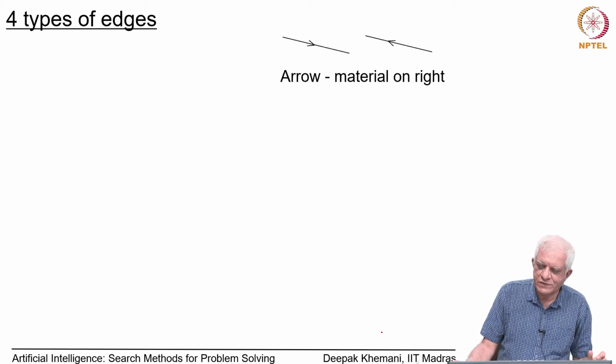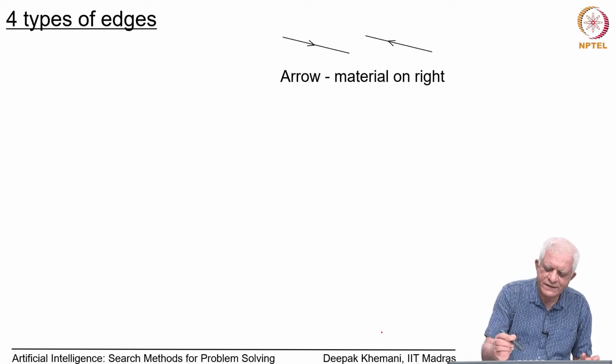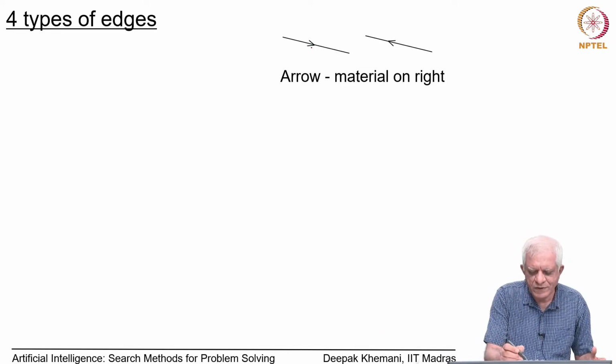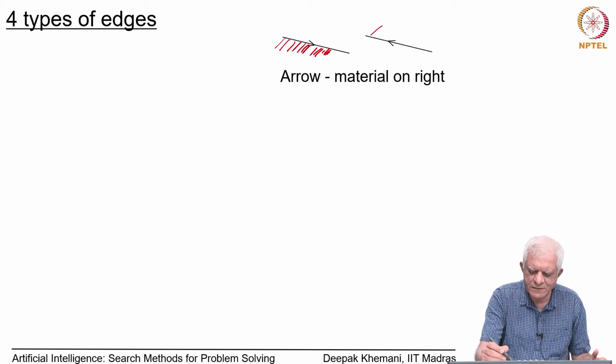Two of them are called arrows. They are similar except that the arrows are pointing in different directions on the same line. The interpretation of an arrow is that it shows an object in which there is material on the right as you go along the direction of the arrow. So, in the left line you can see that the material would be on this side, and on the right hand side you can see the material will be on the other side. What do we mean by that?